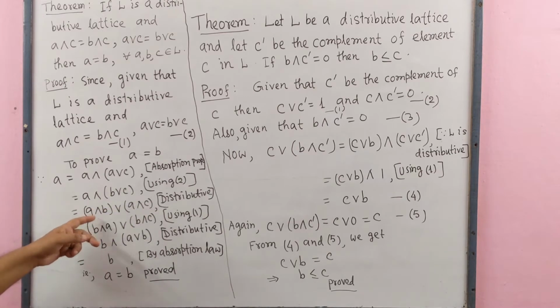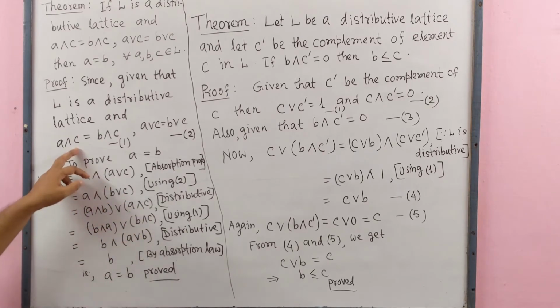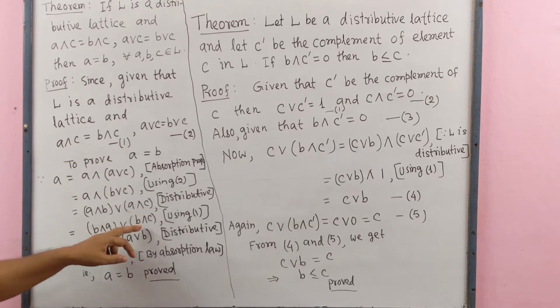By commutative law, A meet B equal to B meet A. And given that A meet C, here number 1, equal to B meet C. So in this place we write B meet C.